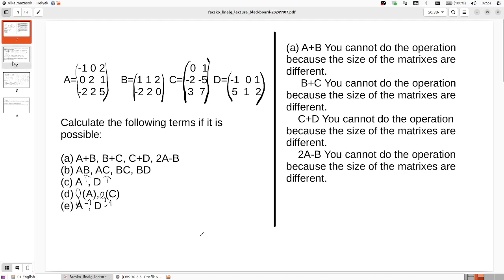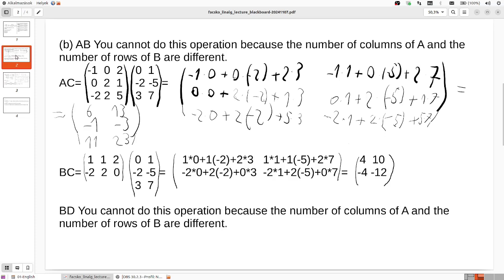Let's step on. A times B is not possible, B times D is not possible, because the number of columns and the number of rows are different. But we can calculate A times C. So all rows here are multiplied with these columns.